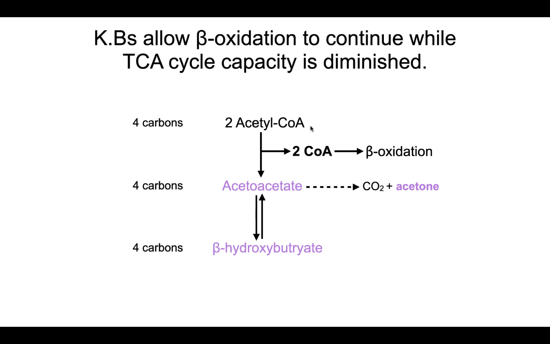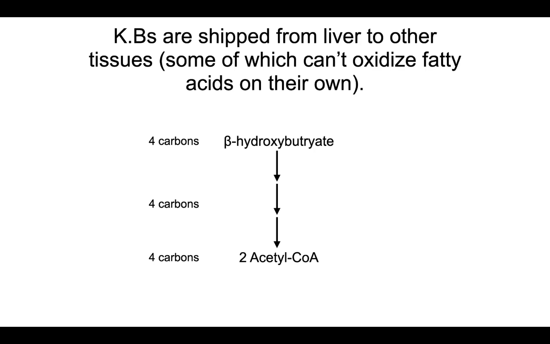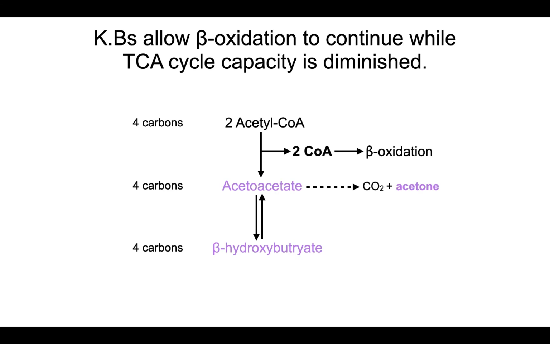The important part is that these two molecules, acetoacetate and beta-hydroxybutyrate, are four-carbon molecules that can be shipped through the blood to various tissues that can convert them back into two acetyl-CoAs and use those in the citric acid cycle of their mitochondria to get energy. But ultimately, the purpose is to free up CoA coenzymes that can be used for beta oxidation.